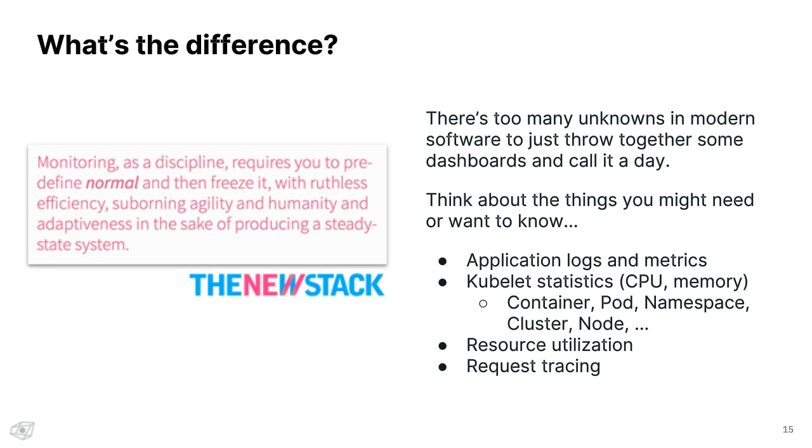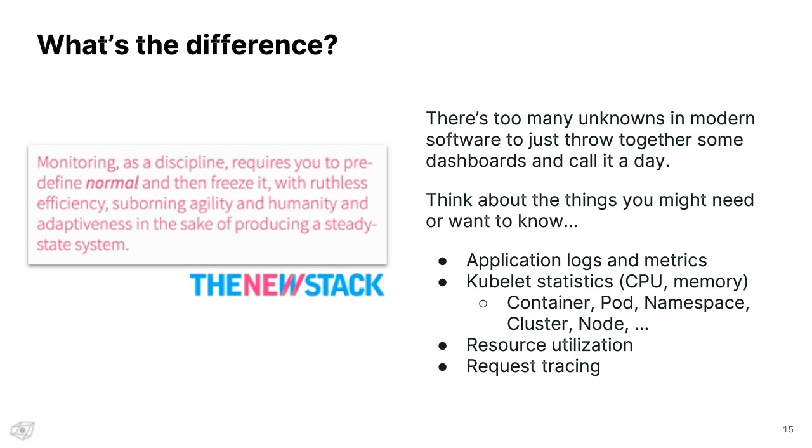And then, if you're doing monitoring well, you're able to recognize quickly when you've deviated from that, when your application or your system has changed in some way. And that's great, you should be able to do that, but I think observability takes it one step farther and lets you not only know when you've deviated, but helps you understand why that's the case. Part of that is really being able to understand the huge set of signals that are going on.